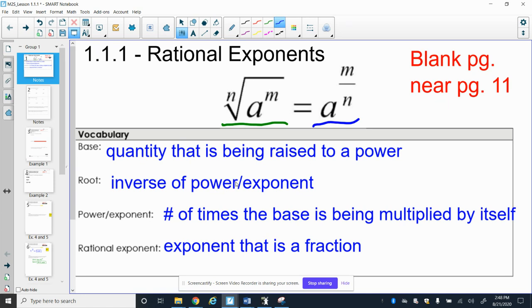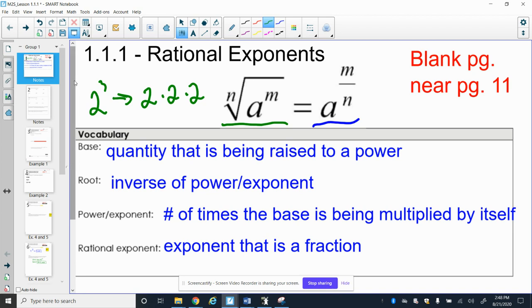Those are inverses of each other. And then review that a power and exponent is the number of times the base is being multiplied by itself. So something like 2 to the third power, our base is 2, our exponent is 3. That's the same thing as saying 2 times 2 times 2. Our base is being repeatedly multiplied 3 times because our exponent was a 3.